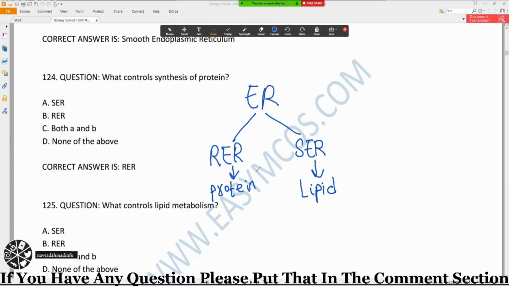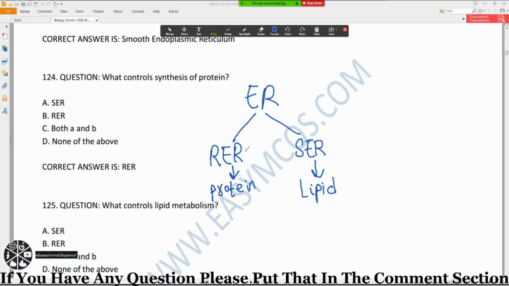So why is rough endoplasmic reticulum responsible for synthesis of protein? Because rough endoplasmic reticulum has ribosomes attached, and ribosomes are responsible for the synthesis of protein. While smooth endoplasmic reticulum hasn't ribosomes attached, so they are involved only in lipid synthesis. So in the question, they are asking what controls synthesis of protein.